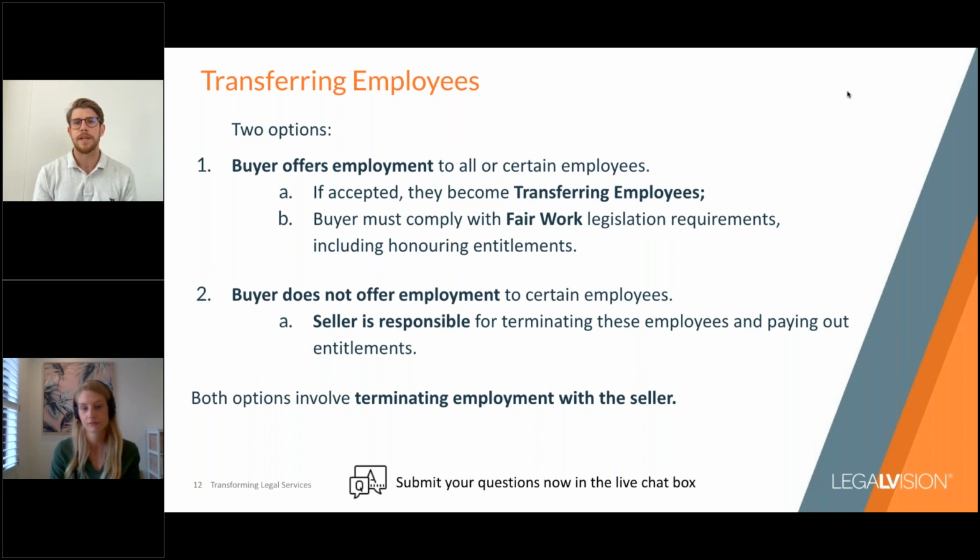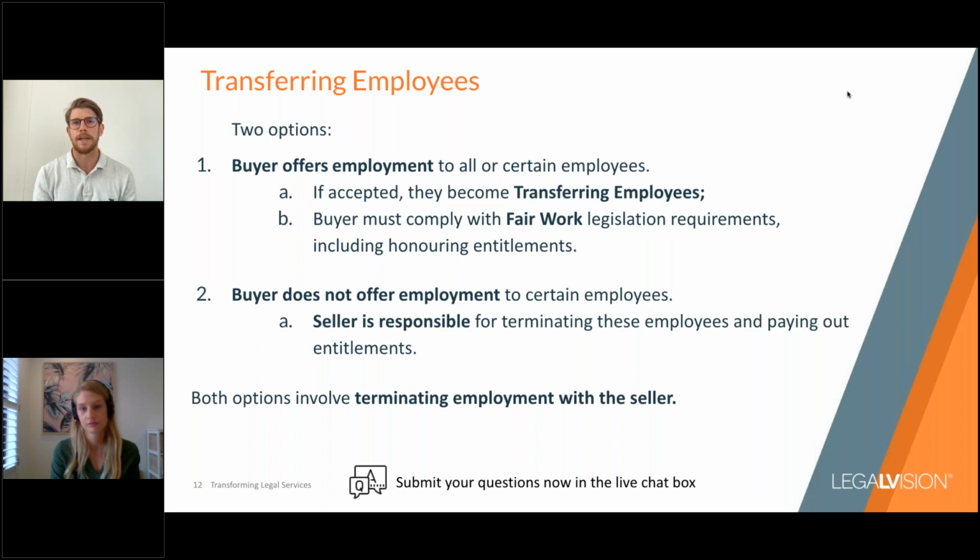Where you do take them on, there are certain obligations to recognize prior service. Generally, this looks at things like annual leave, personal leave, so sick leave, and long service leave. Because you're taking these entitlements on, as in you'll owe them to the employee after the sale completes, there is an adjustment to the purchase price to reduce it.